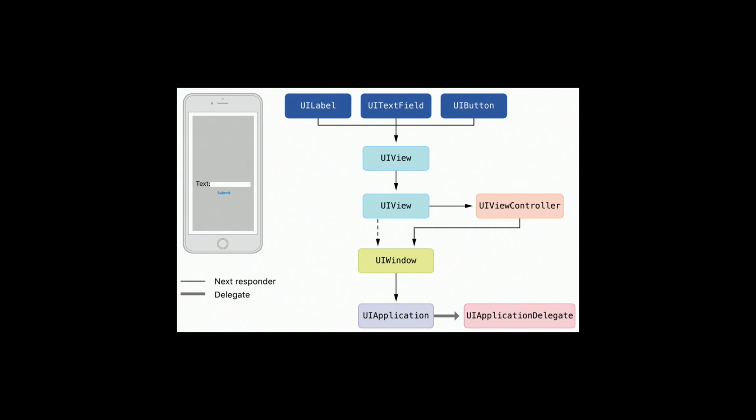There is no view controller in this case, so it goes to its superview. And this superview has a view controller. So its next responder is the view controller, and then it flows up to the window and all the way to the application delegate. Now this should look familiar from the touches demo doing touchesBegan. It actually flows through the same thing, so it's actually using the responder chain for your touchesBegan.